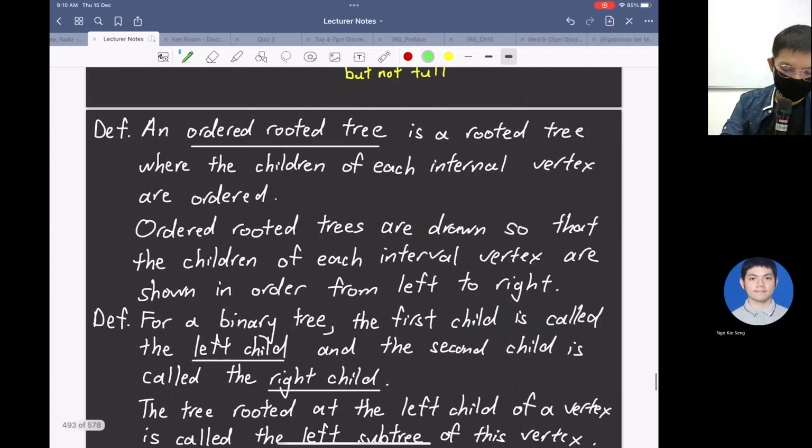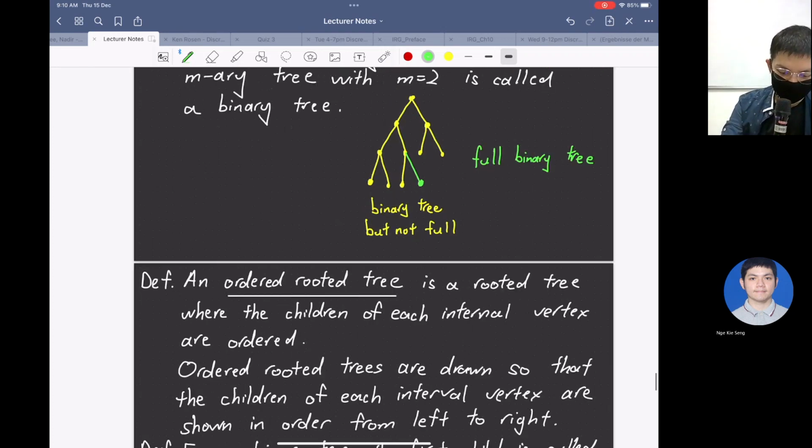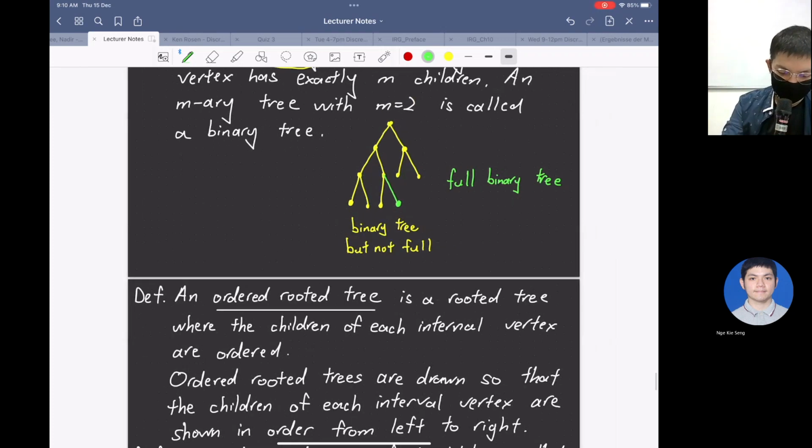Next is the ordered rooted tree. So what is ordered? The children are ordered from left to right. In the binary tree, we call the left one the left child and the right one the right child.